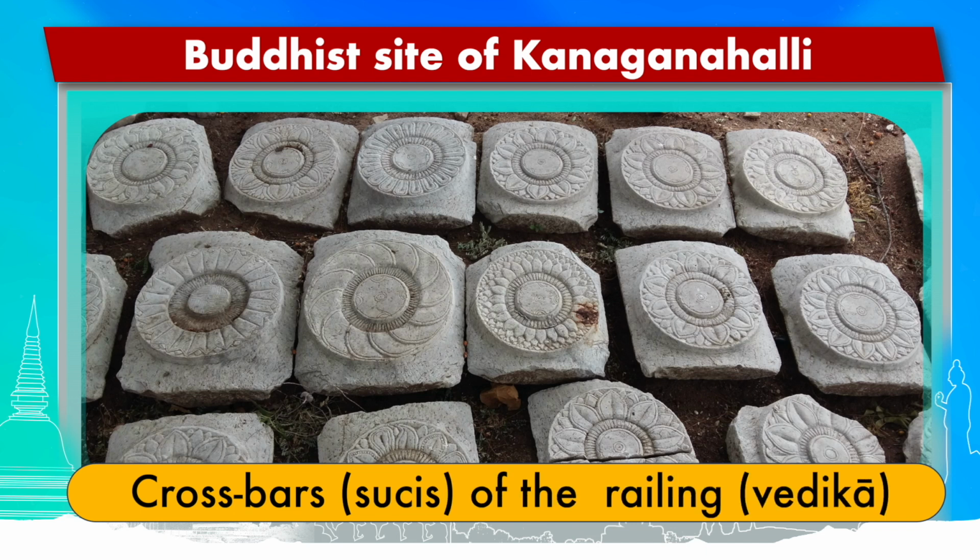The railing, typical to the stupa architecture, is composed of a series of thabas or stambas, upright pillars, and suchis, that is crossbars. 4 suchis are provided in between the thabas with interspaces of 8 cm.